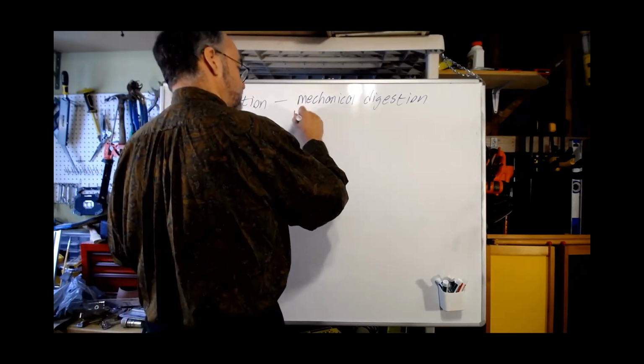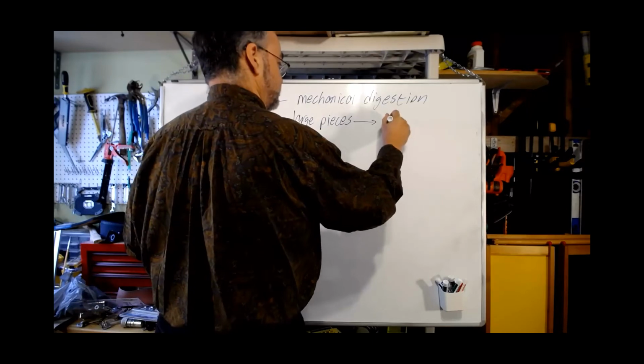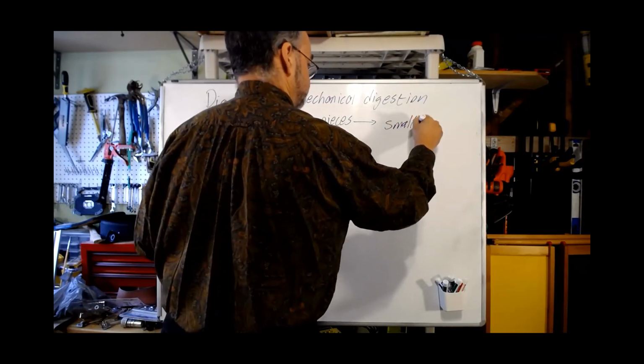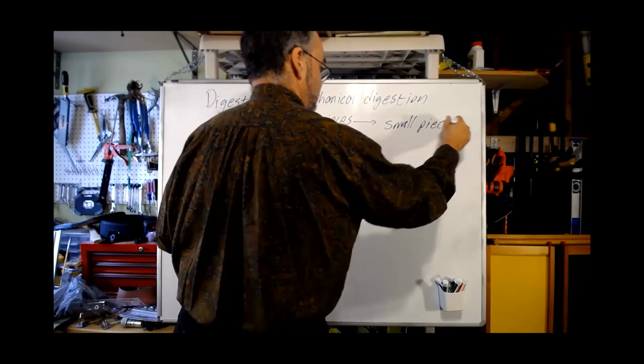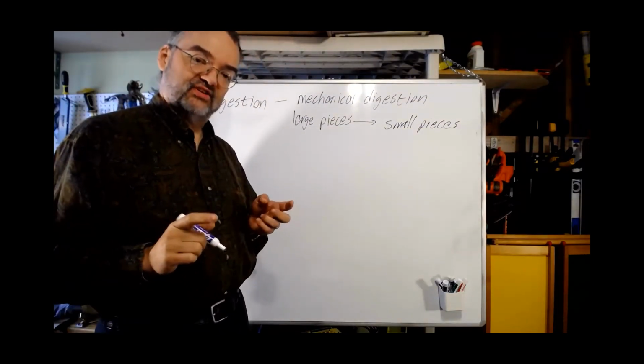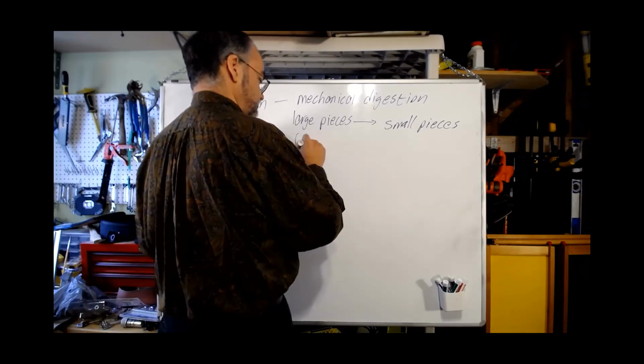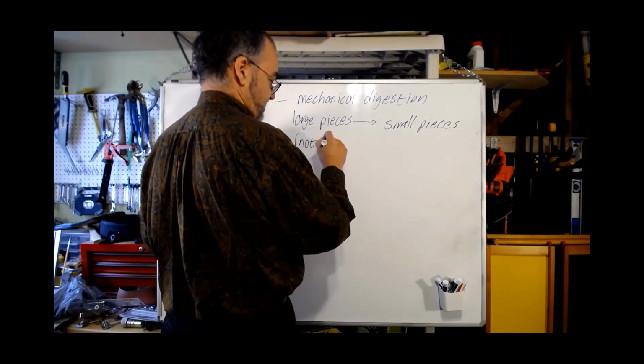So large pieces of food get broken into smaller pieces. But here, we're talking about things that don't involve actually changing the molecules at all. So we're not making or breaking chemical bonds.